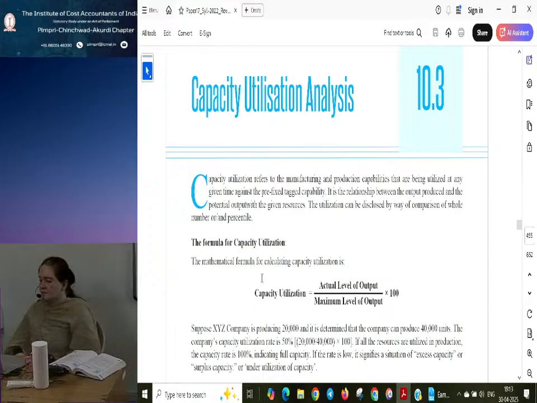Yes? You can unmute and let me know. So is that going to have an impact on variable cost or fixed cost? I think variable only because for fixed cost it is the same for all the capacities, no? Sorry, can you be a bit louder?